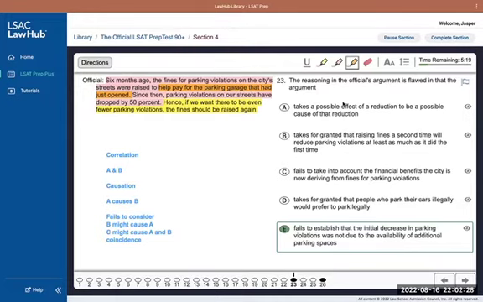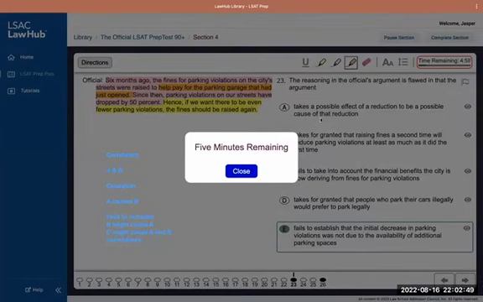C, are they failing to take into account the financial benefits the city is now deriving from fines for parking violations? They are not taking that into account, but we don't care because it's irrelevant to the issue at hand, right? The conclusion is conditioned on, do we want even fewer parking violations?